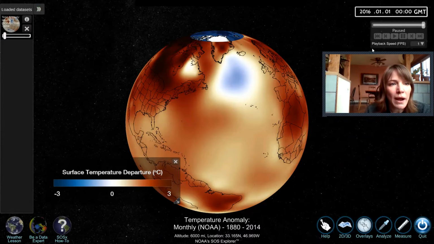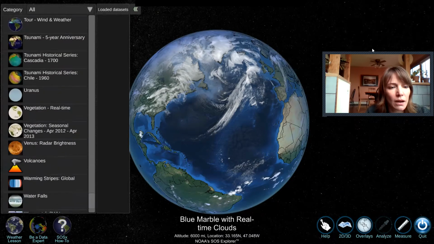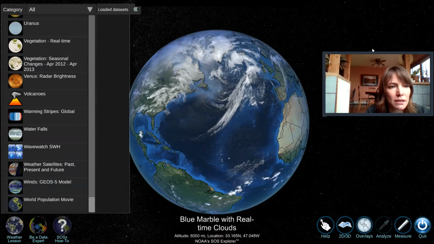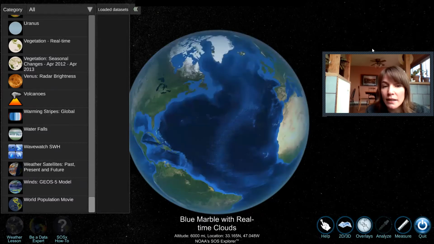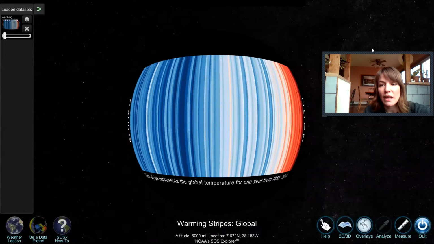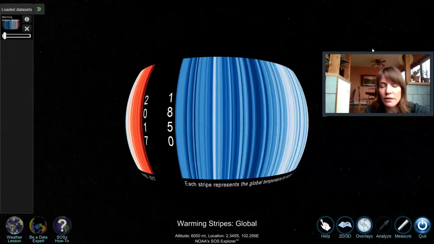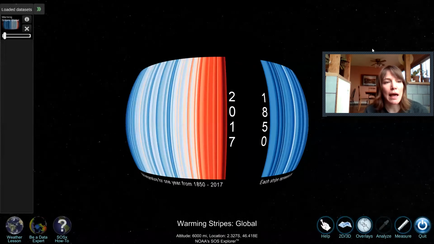So there's one other way I wanted to show you to look at this, one data set left before we talk about our resources that you have access to, and that's called warming stripes. So we received this from a UK laboratory, and I believe this project was called the Climate Lab Book.